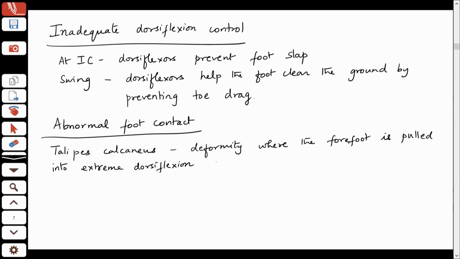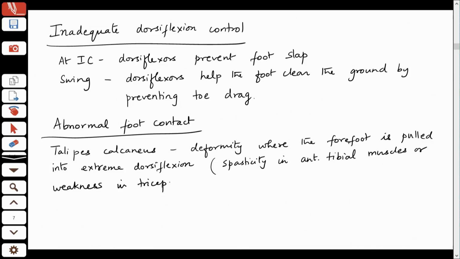It could be because of spasticity in the ankle dorsiflexor muscles, the anterior tibial muscles, tibialis anterior, or it could be weakness in the triceps surae, which are your calf muscles.